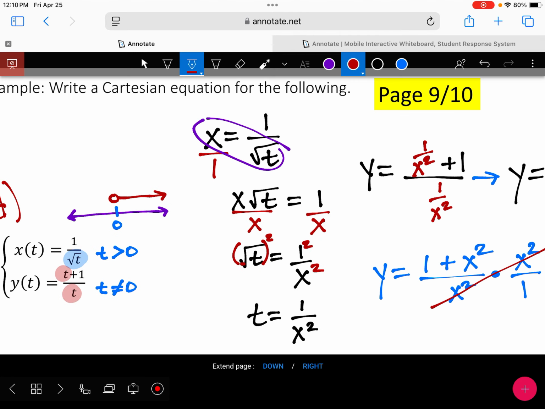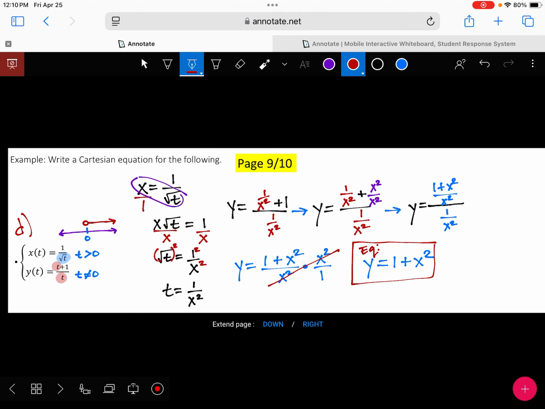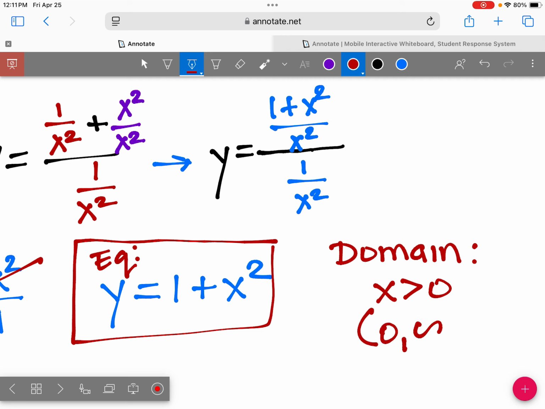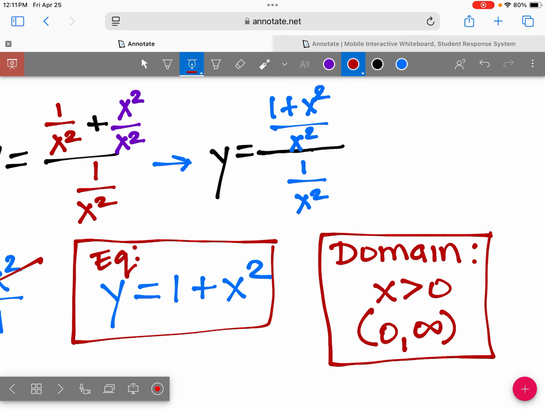My domain is simply x has to be greater than 0. So I'm sorry, I'm zooming out and zooming back in, but the domain is that x has to be greater than 0. And how do you write that in interval notation? Parentheses 0 to infinity. And that would be your domain.